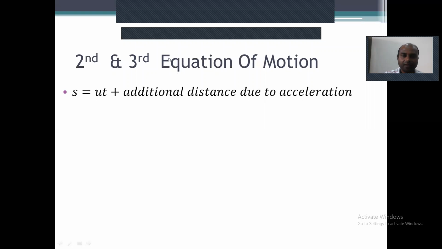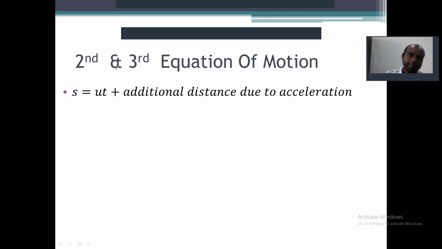All right. So one thing is certain, that when a body is accelerating, its speed increases from u to another speed v in a time duration t. Right? This is what is happening in the case of a uniformly accelerated motion.